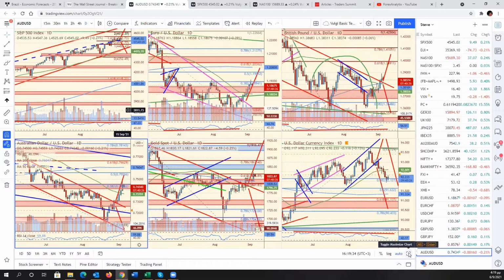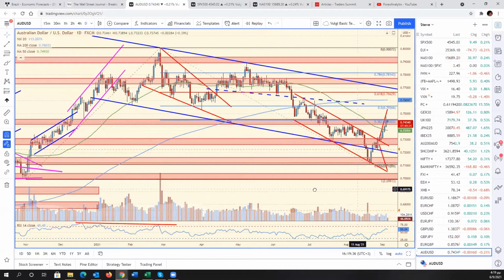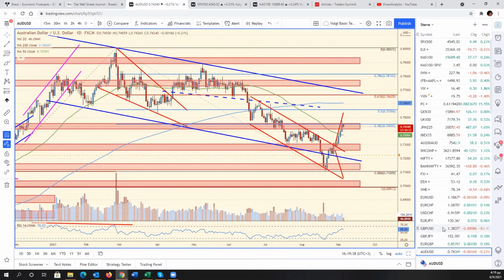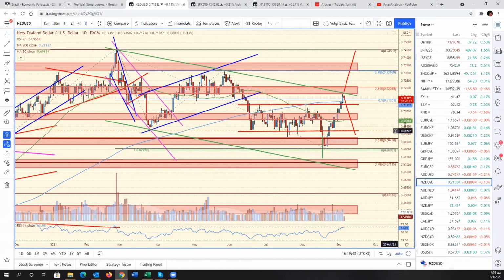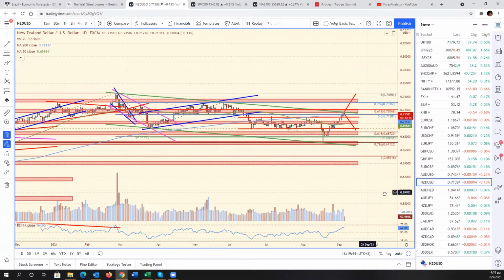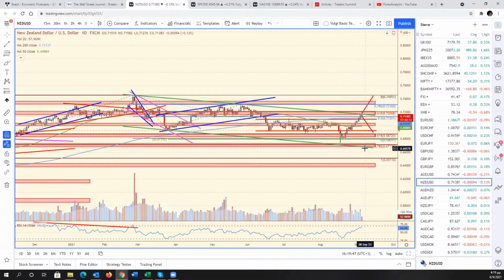Now, commodity currencies have not had such issues because we're seeing a lot more momentum behind them. Here's the Aussie, here's the Kiwi. You can clearly see, right, a lot more strength here. The reason I didn't stick so much on the Aussie chart, and I'm pausing here on the Kiwi chart, is because Kiwi seems to be at a major pivot area.